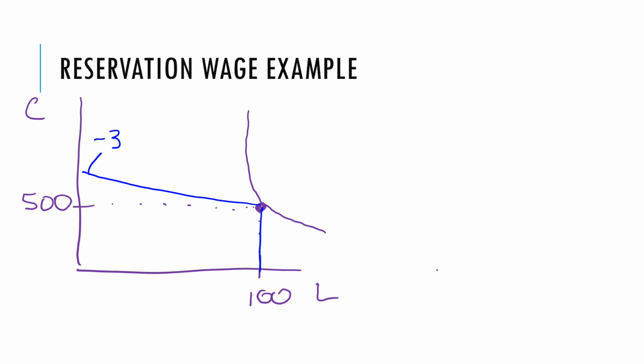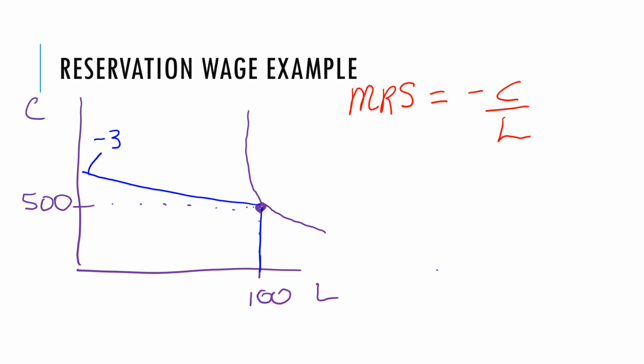So all you need to do is take the marginal rate of substitution, which we know was equal to -C/L, and I'm going to plug in my endowment point to get the reservation wage. Now my wage is not going to be negative, but the slope is negative, so that's why I have a negative there.